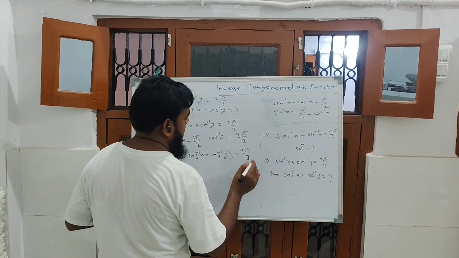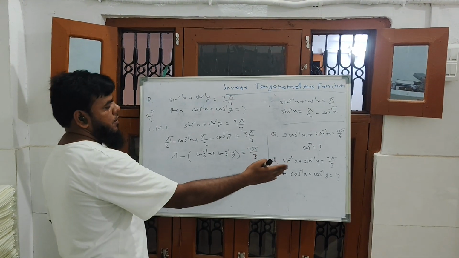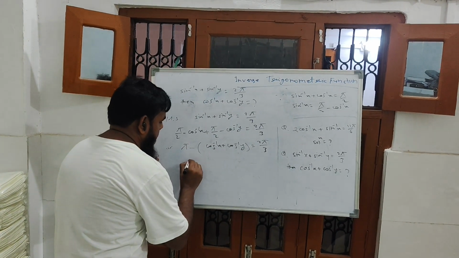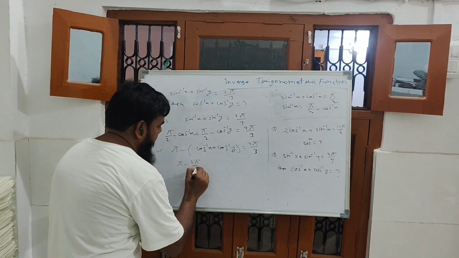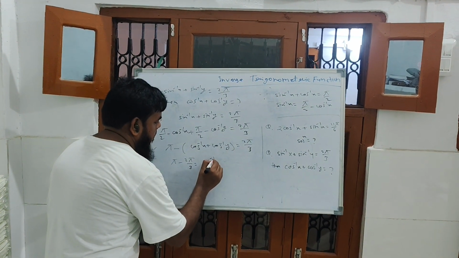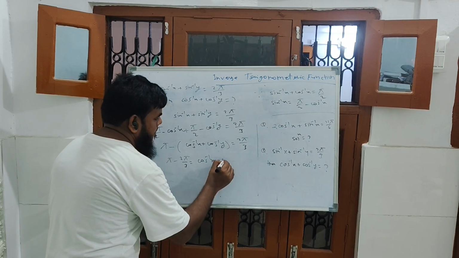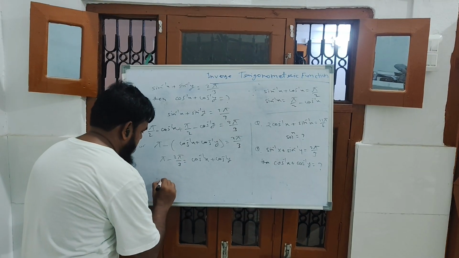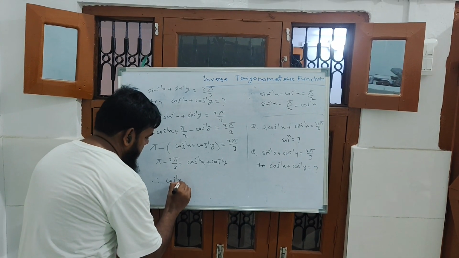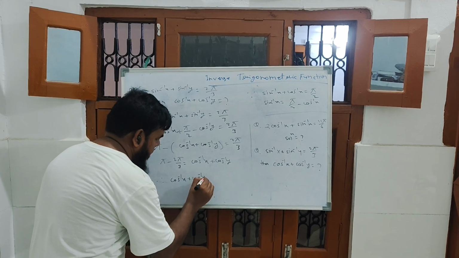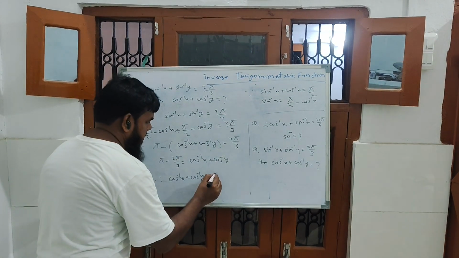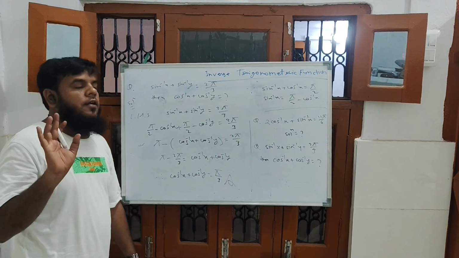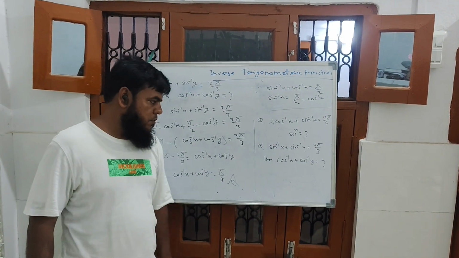Transfer this term to the right hand side. After solving, the final answer is cos inverse x plus cos inverse y equals pi by 3. That is the right answer. I hope you are getting that.